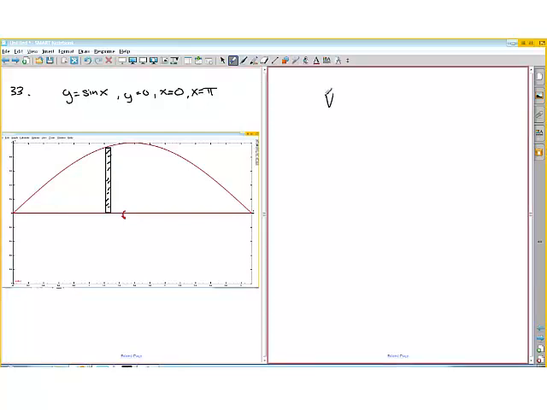So again, the volume using this method around the x-axis is pi times the integral from a to b of the quantity r of x squared dx. And r of x in this case is equal to the sine of x. Okay, and what are a and b? a is equal to 0, b is equal to pi.